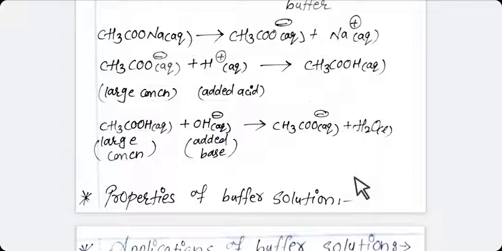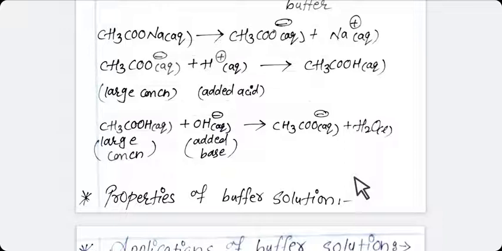The next topic is properties of buffer solution. The pH of a buffer solution, as you have known, does not change appreciably by addition of a small amount of either strong acid or strong base, or on dilution, or when it is kept for a long time.